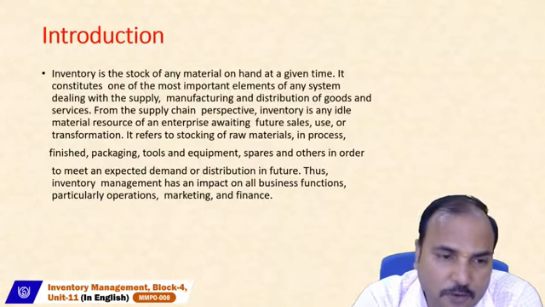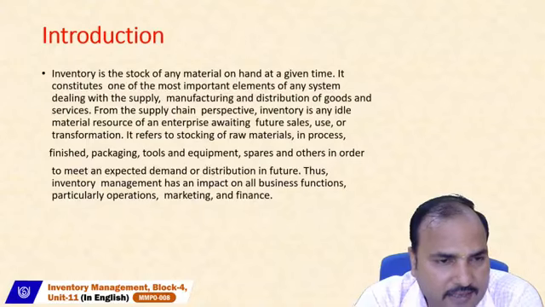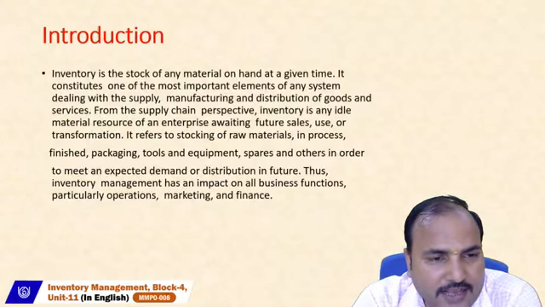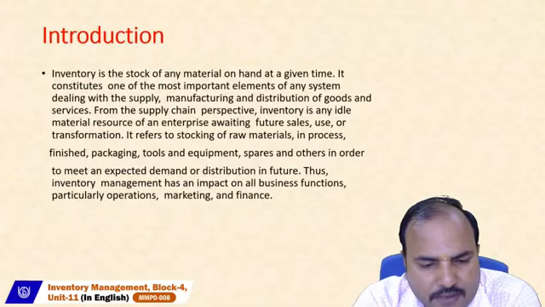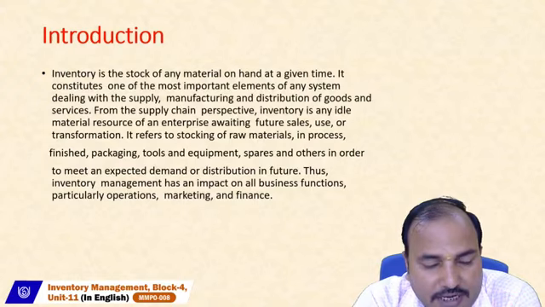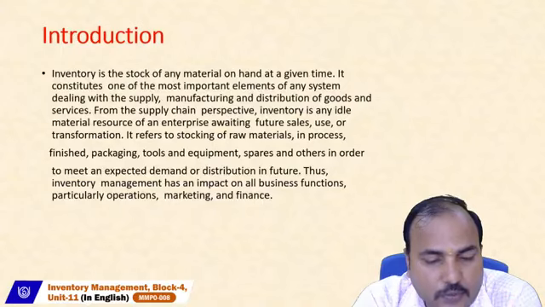And there are different key components of inventory management. One is stock tracking. What is stock tracking? Monitoring the quantities of the products you have. Next is ordering. You have to know when to reorder the products. Another is warehousing. Proper storage and handling of the goods is required in the warehouse.